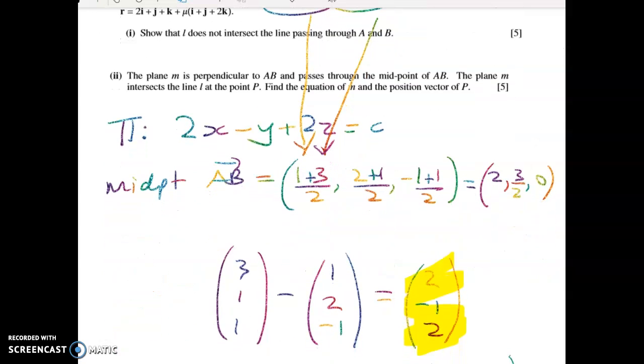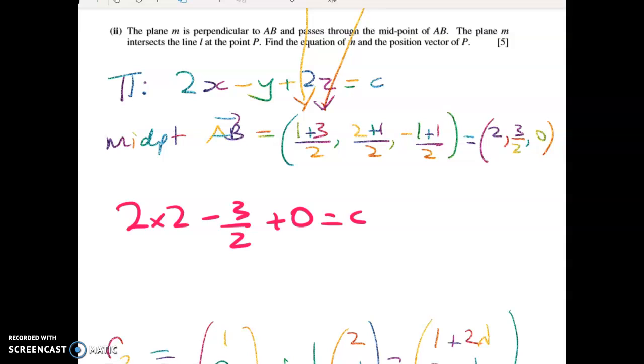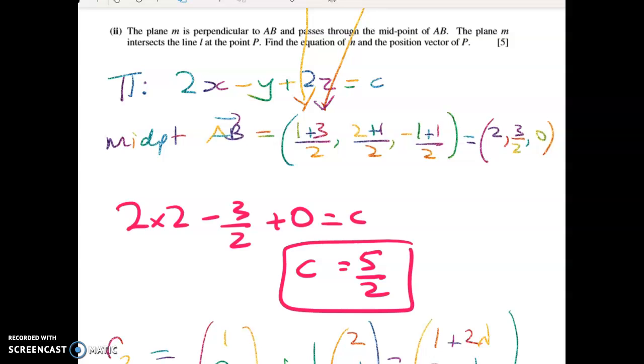Right, so what can I do now? Well, I need to substitute that midpoint in to get my constant in the plane. So 2 times 2 minus 3 over 2 plus 0 equals c. So c is equal to 4, so 8 over 2, so c is equal to 5 over 2.